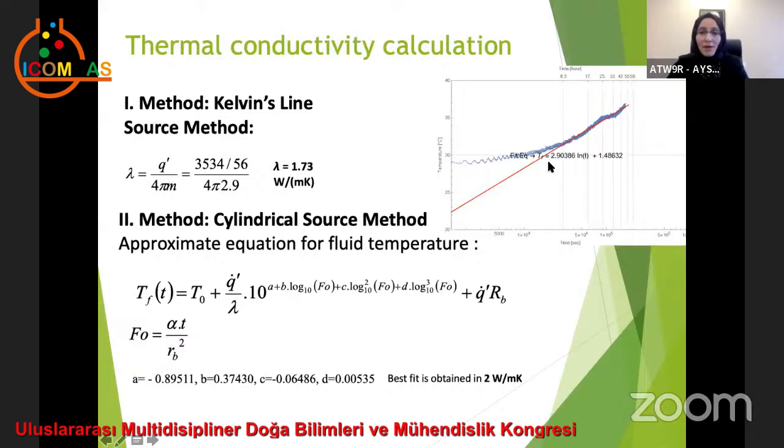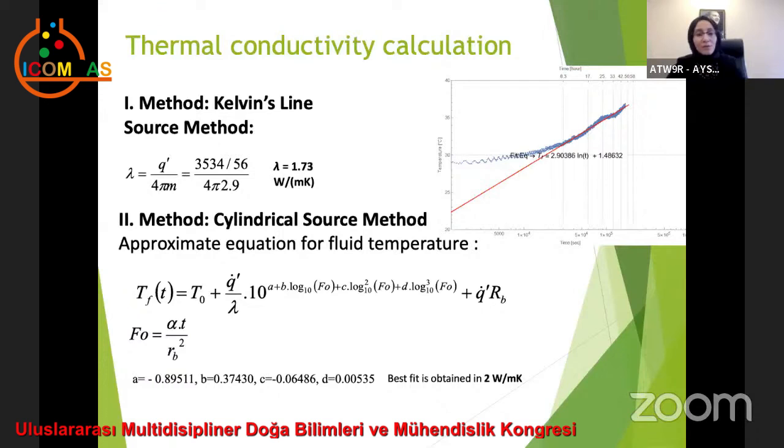We got 2.59 from the data fitting that we get from the parameter estimations. So we plot the mean temperatures, and now we fit our fluid temperatures, and then we got this fluid temperature constant 2.9. And based on this Kelvin's line source method, we got thermal conductivity 1.73 watts per meter Kelvin.